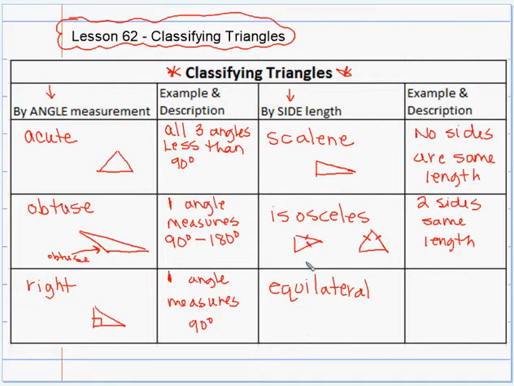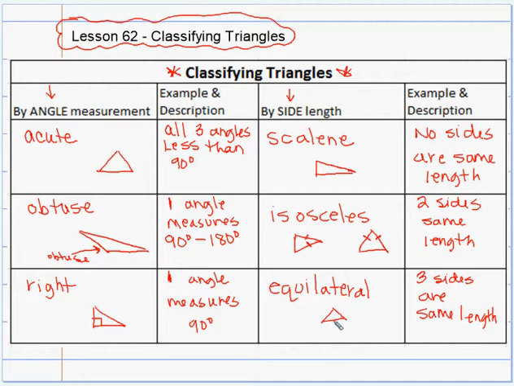Just because they're rotated doesn't mean that they're not still isosceles. An equilateral, three sides are the same length. Okay, it's going to look something like that.